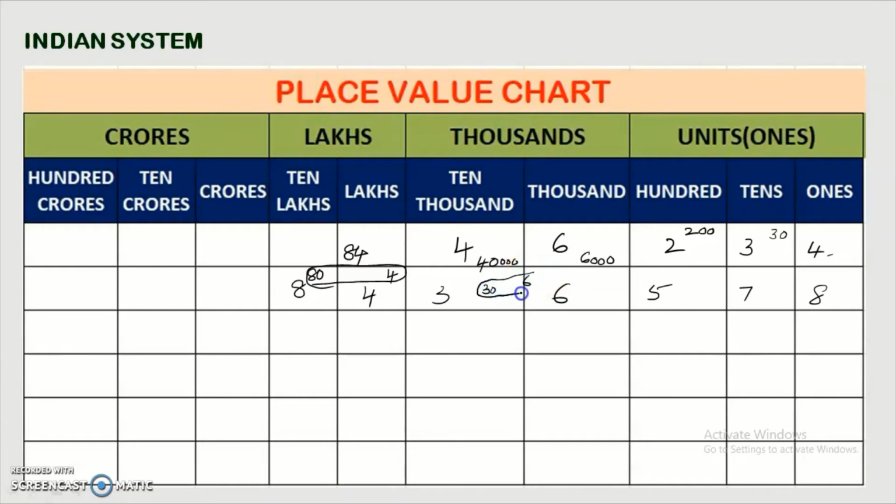So we'll add them and this becomes 36,000. So 84 lakhs 36,578. Like this we are going to complete the columns. So you can do your own examples and fill the columns on your own.